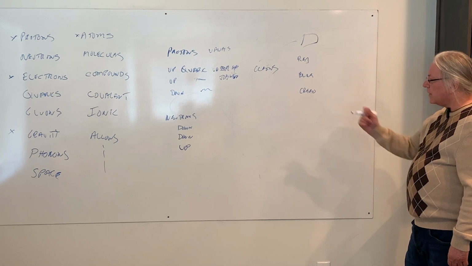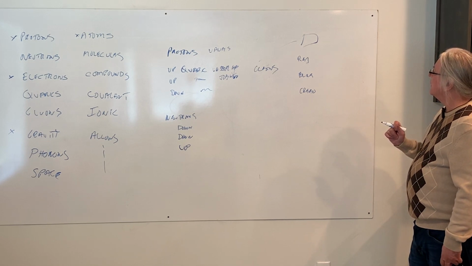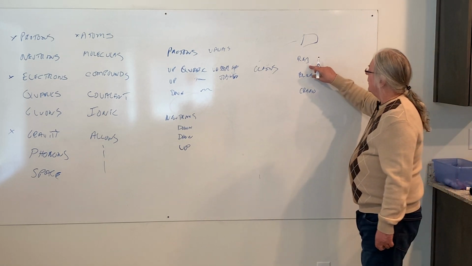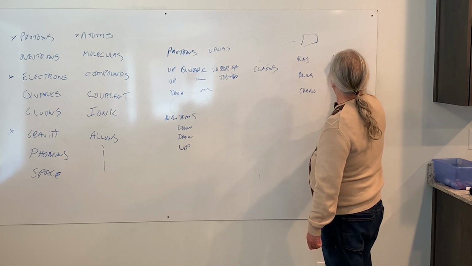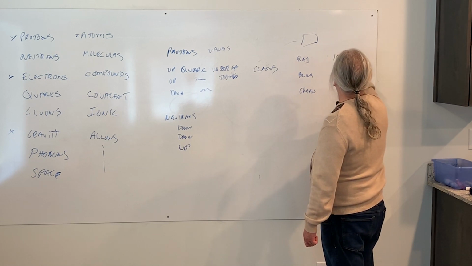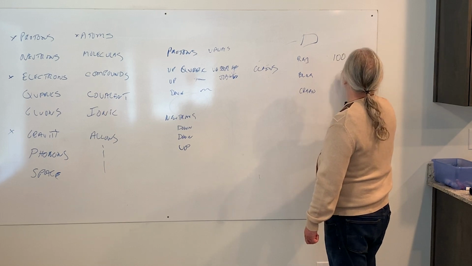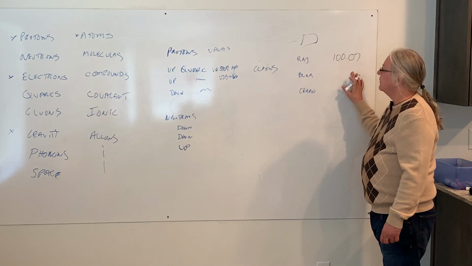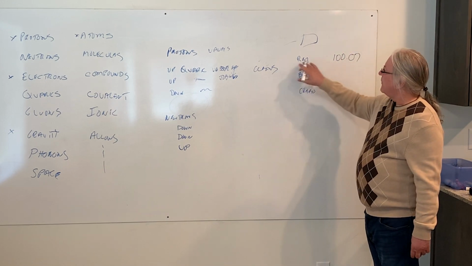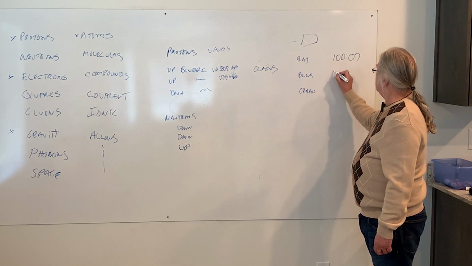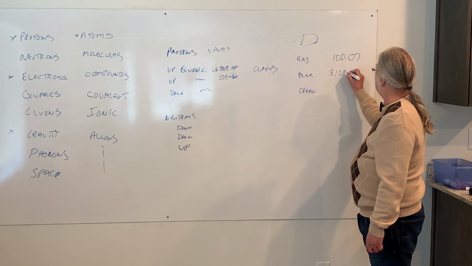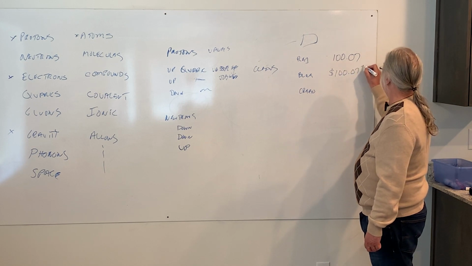Well, I'll get to the photons, but if you say red is the actual value, you have a value called 100.07. That's the value. But there's also the formatted version of it, string 100.07.